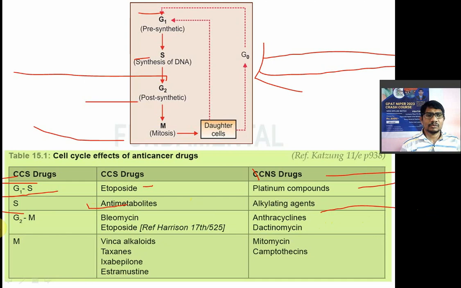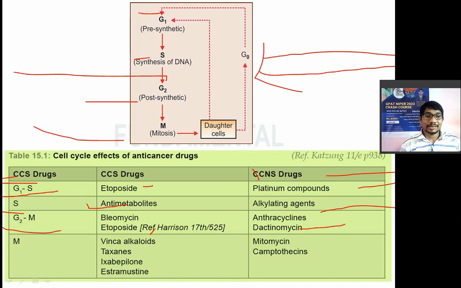Now what are the examples of drugs which affect the G2 and M phase, means post-synthetic phase and mitosis? So in the cell cycle specific drugs, you have examples of bleomycin and etoposide. In the cell cycle non-specific drugs, you have examples of anthracyclines and dactinomycin.